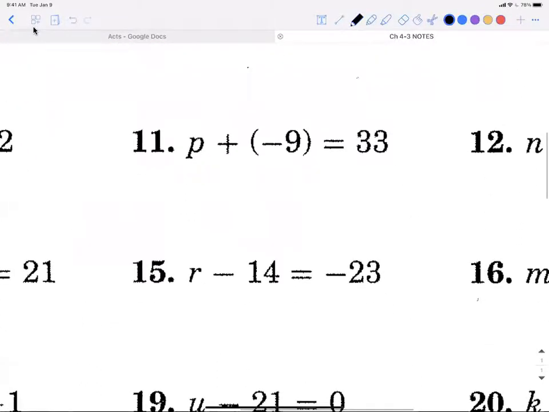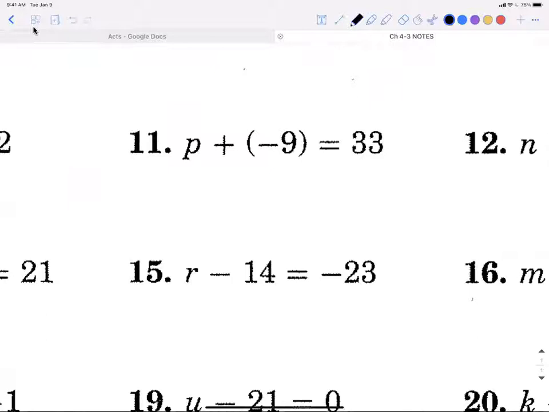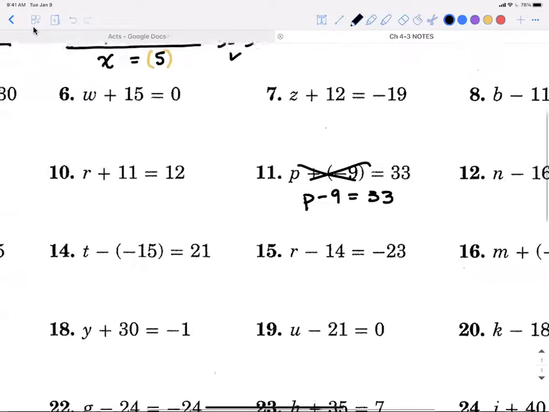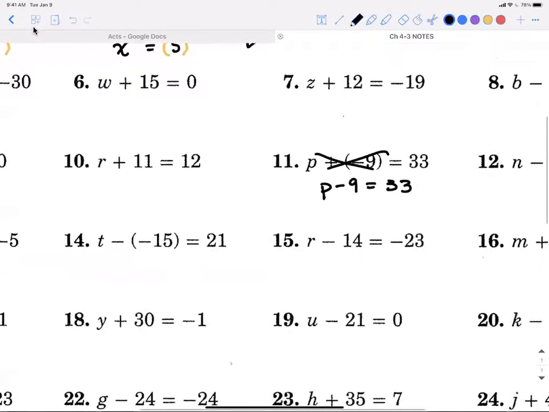Notice number 11, the way that's written, that gets very confusing. And I told you guys before, try not to have double signs because it's really confusing. This really is just that. P plus a minus 9 is really P minus 9. So looking at your homework, none of them are written like this, so I don't even want to address it in the notes because it's not like that.